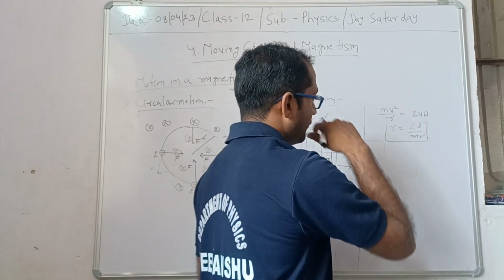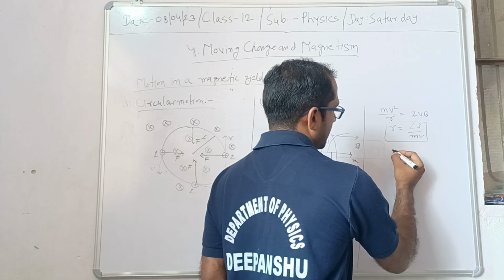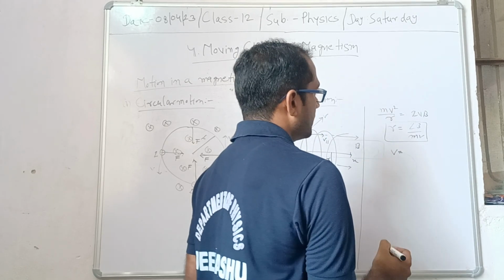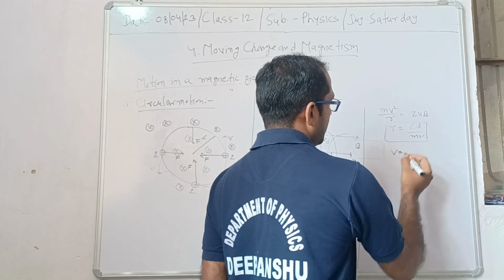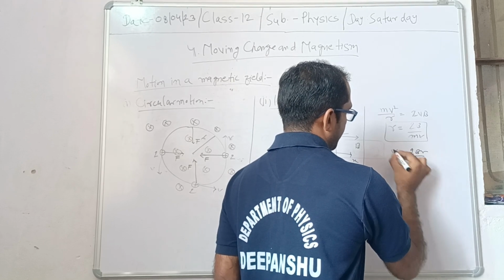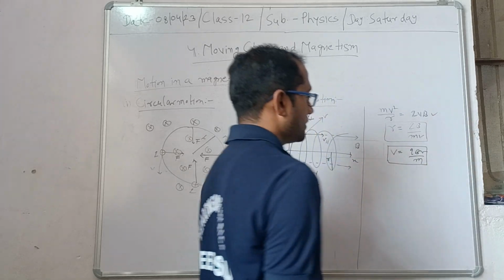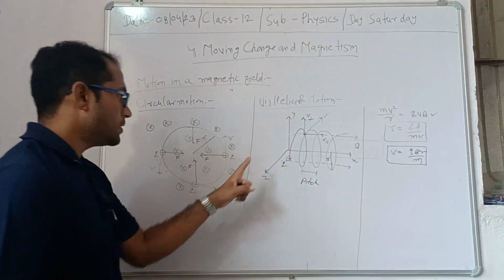If we find the value of the velocity v, we get v equals qBr/m. This is the velocity of the charged particle.